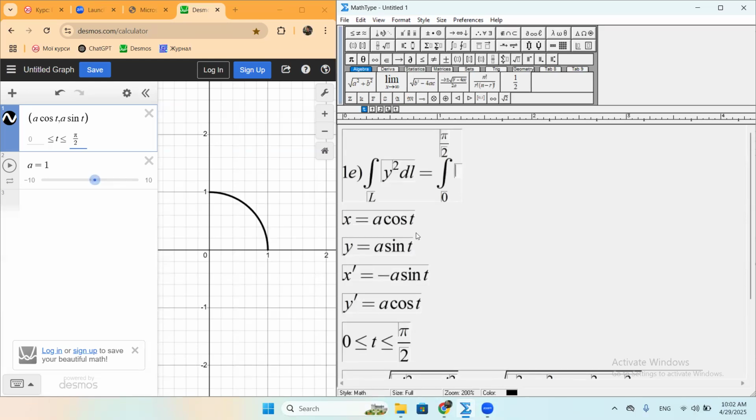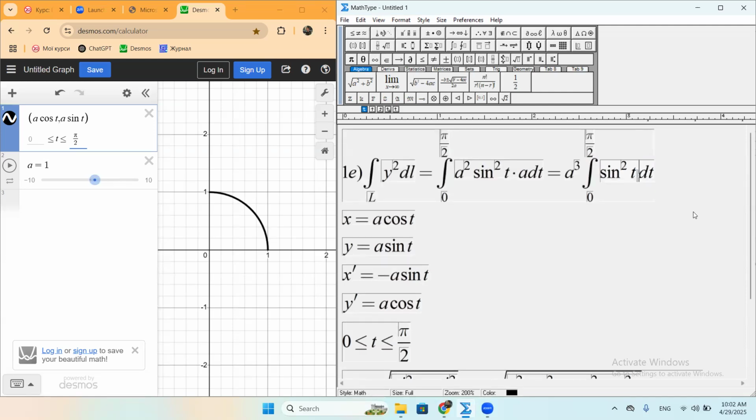So a square sine square of t, multiplied by a dt. Let's move constants out of the integral sign. So a cube. And how to simplify this integral, we already know.